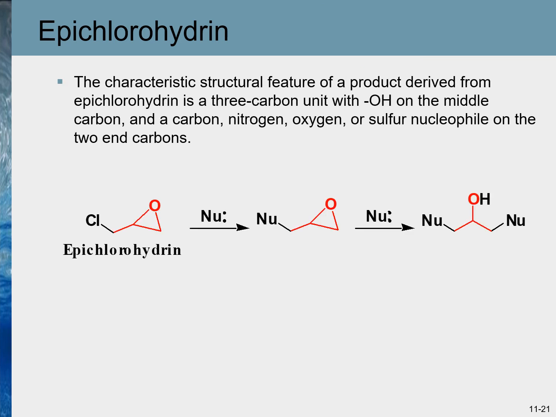The characteristic structural feature of a product derived from epichlorohydrin is the 3-carbon unit with an OH group in the middle carbon and nitrogen, carbon, oxygen or sulfur based nucleophiles on the 2 side carbons. An example of a compound derived from epichlorohydrin is nadolol. The structure of nadolol is shown here.